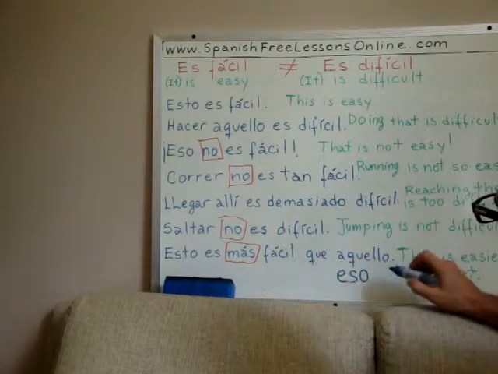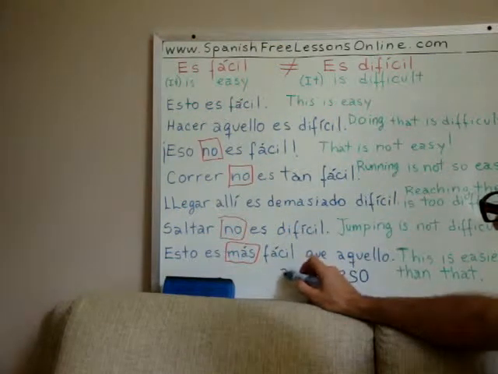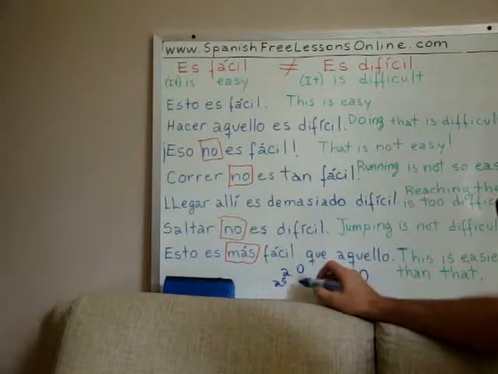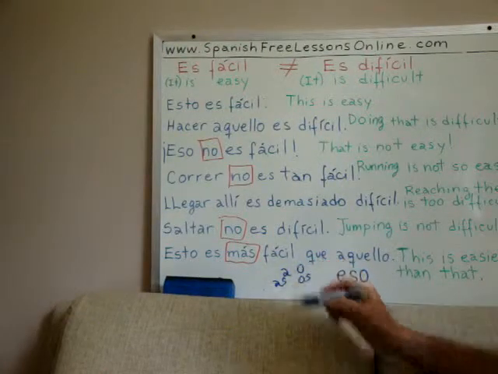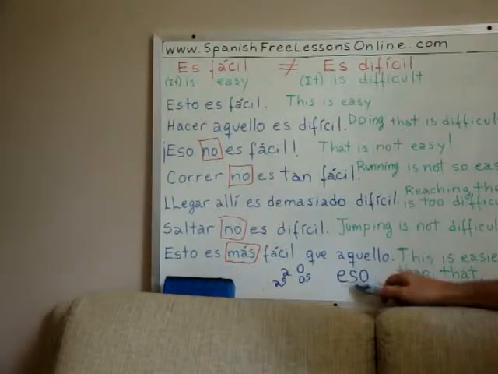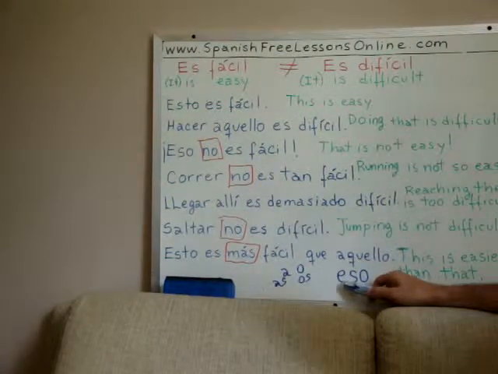So aquello will finish in A for feminine, in O for masculine, AS for feminine plural, OS for masculine plural. Same thing with eso, right? It will be esa, eso, esas, or esos.